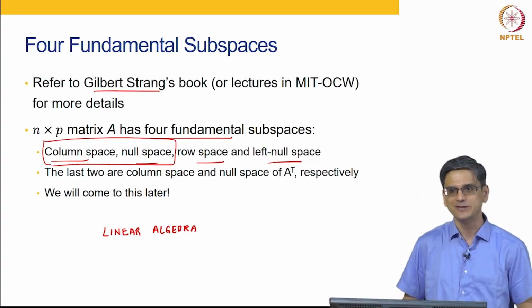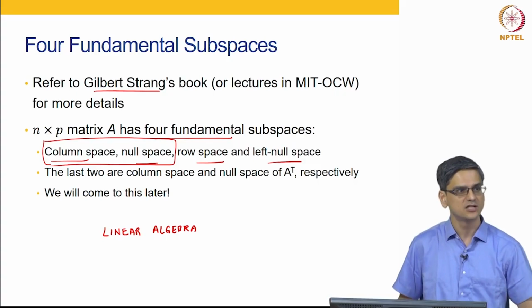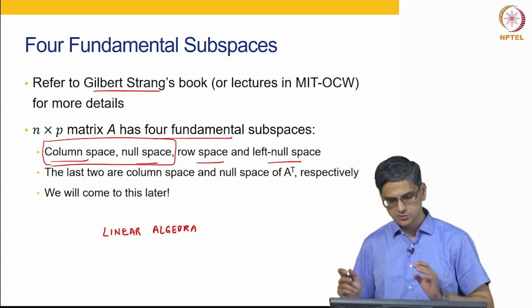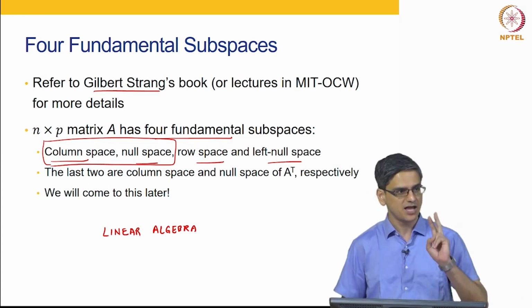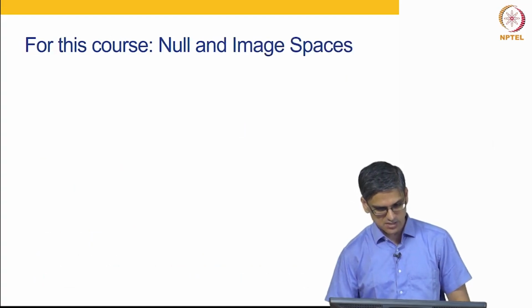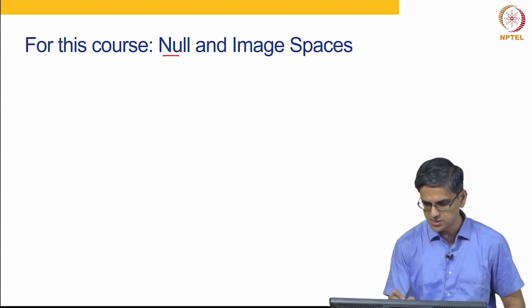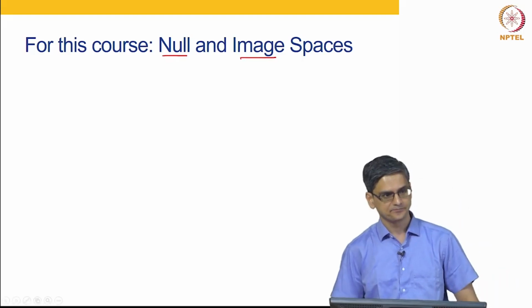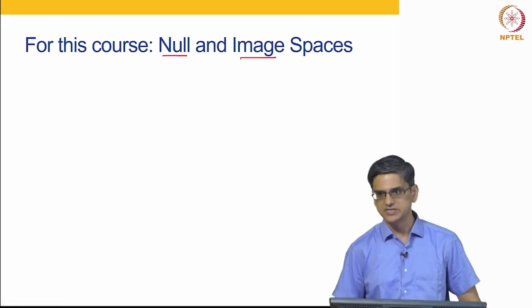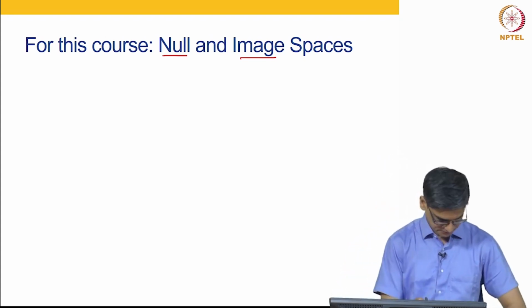This statement was only meant for people who have done a linear algebra course using Strang's book. So, although Strang talks about 4 subspaces, I am only going to talk about 2 subspaces, and those 2 subspaces are null space and image space. Image space is nothing but column space.